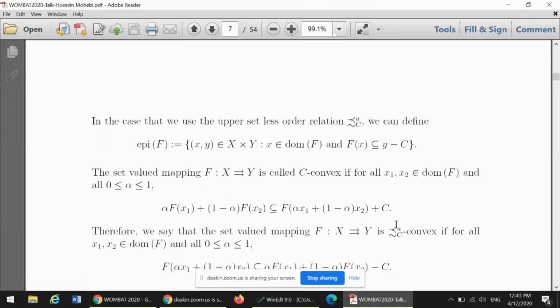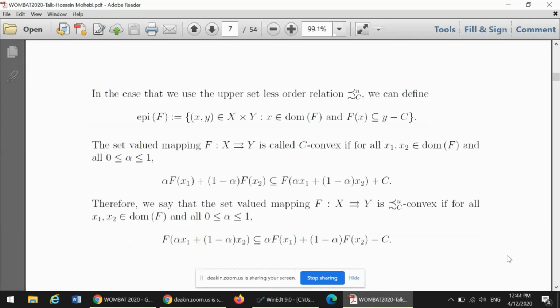In the case when we use the upper set-less order relation, we can define the epigraph of F by this set. Also, the set-valued mapping F is called C-convex if for all x1 and x2 in domain of F and all alpha between 0 and 1, this inclusion holds.